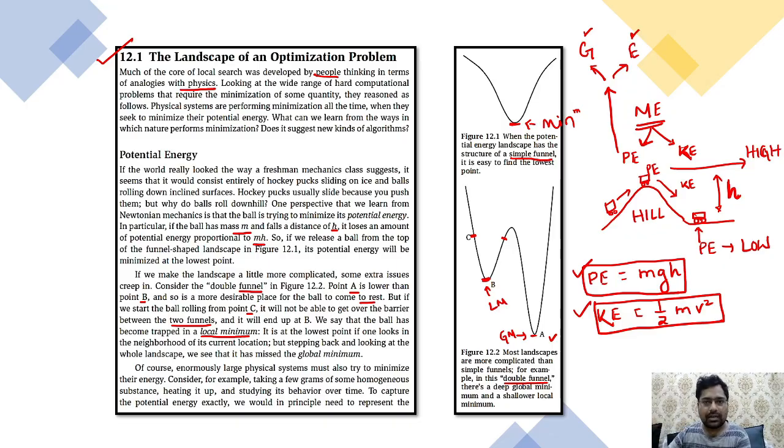We cannot say it will go beyond that. So we will end up with B, and we say the ball has a local minimum. We cannot reach the barrier which is here, so we stay here. This is our local minimum.